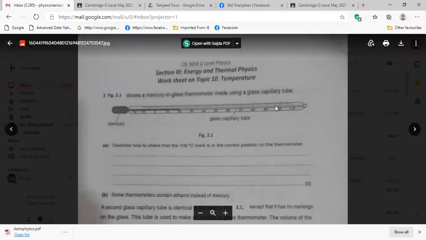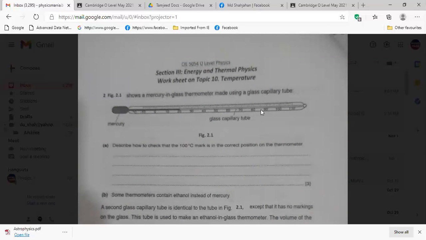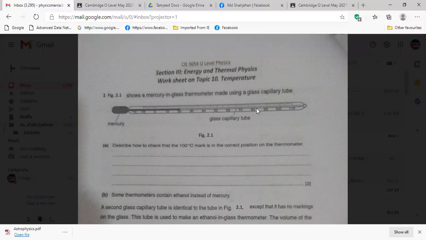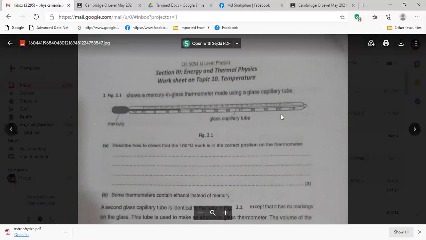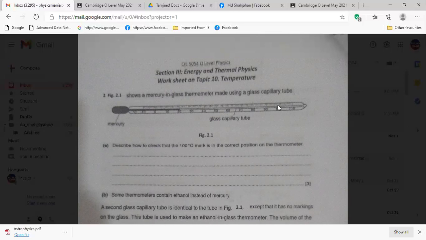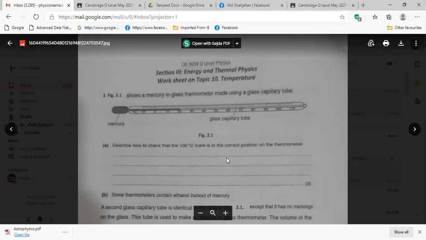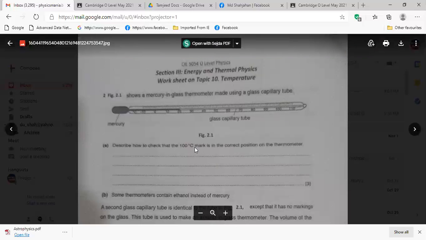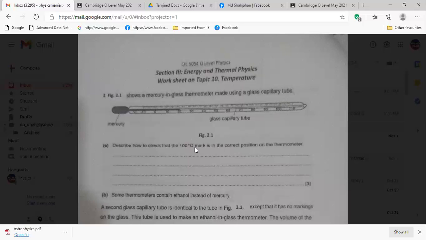While you are keeping it in boiling water, if the temperature reading you are getting in the thermometer is similar to the 100 degrees Celsius mark, then you can say yes, your mercury is labeled correctly, and the 100 degrees Celsius mark is in the correct position on the thermometer.